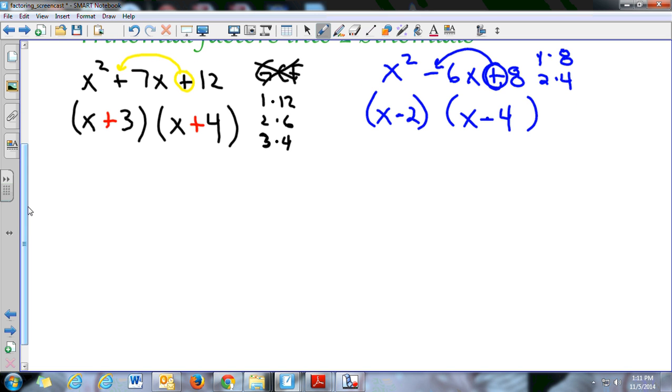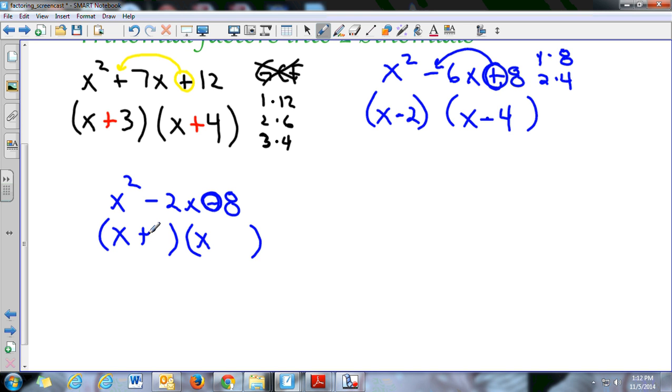But what if the sign in front of that constant is not a positive? What if it's a negative? Let's take a look at x squared minus 2x minus 8. So again, look for greatest common factor. It's not there. X squared breaks into x times x. Minus sign out in front of your constant, well, it takes a positive and a negative to multiply to give you that constant.